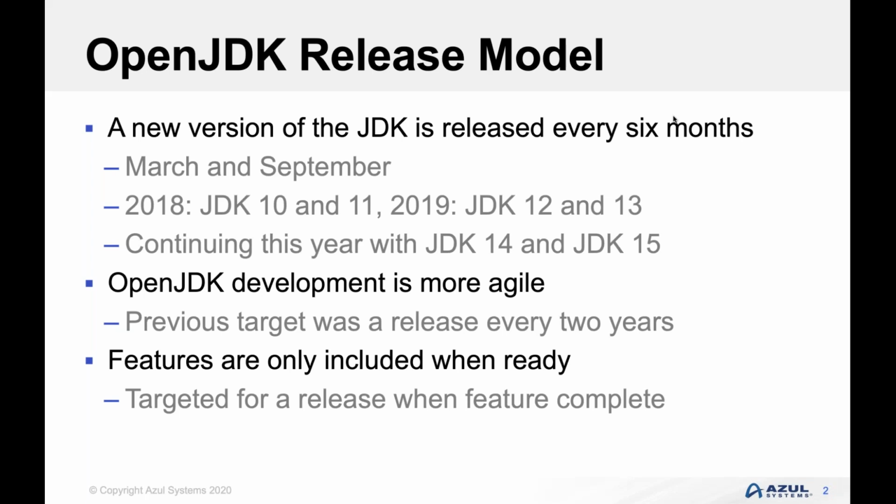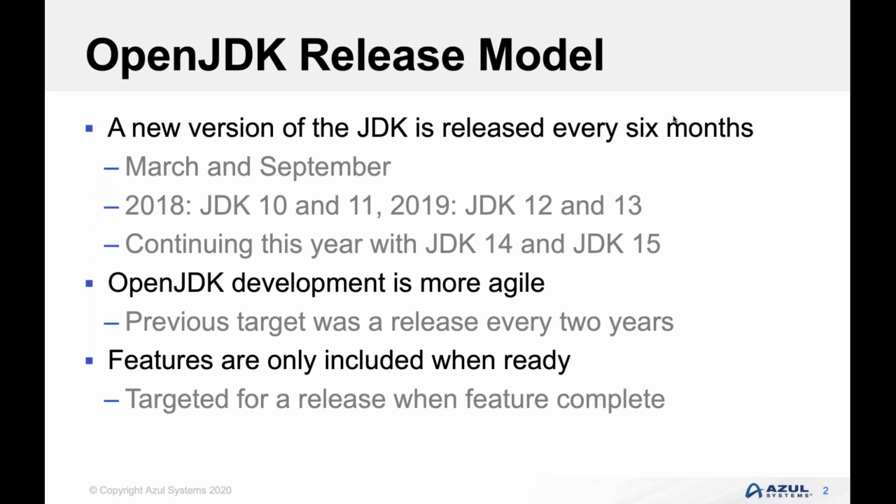To do that, we've had to change the approach of how features are included in each JDK. In the past, the features have driven the release. By that, I mean that if we look at JDK 9 as an example, the big feature in JDK 9 was modularity: dividing up the libraries in the Java platform into more manageable modules, and then allowing a runtime to be built that only includes the modules that you need for your application.